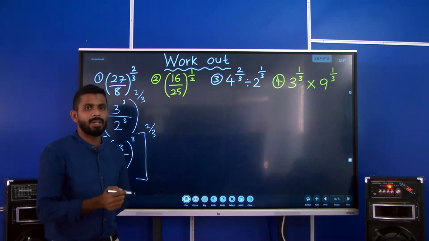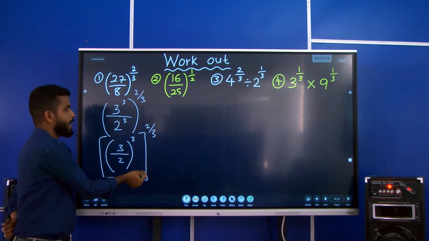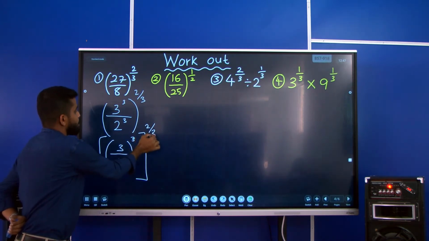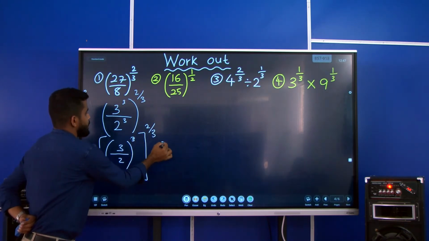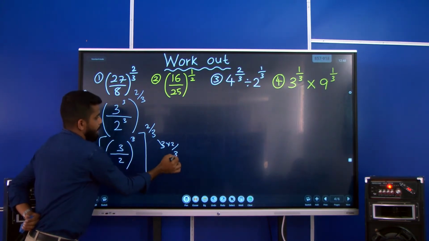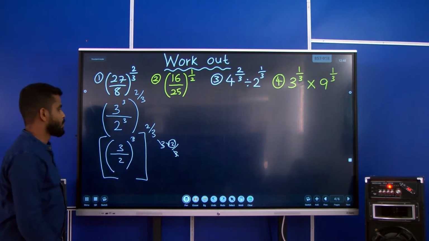Since we have learned the rules of indices, the third rule is that when you raise a power to a power, they are multiplied with each other. This 3 would be multiplied by 2/3. Therefore, 3 times 2/3, this 3 and this 3 cancel, and 2 remains.